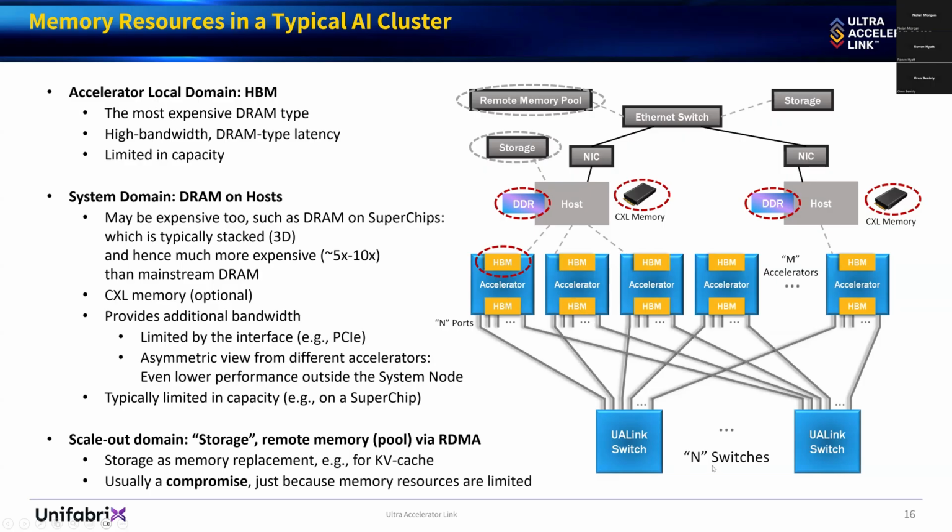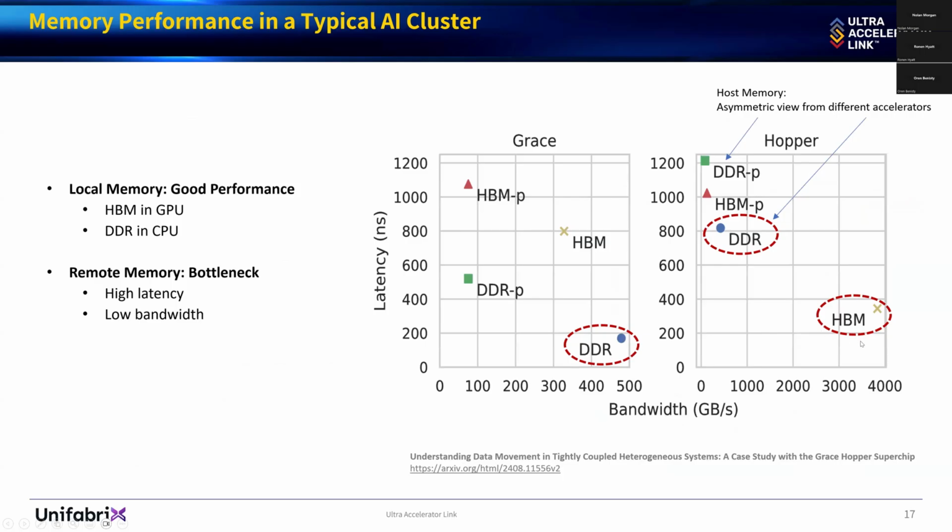If we look specifically at the scale-up domain, and we want to see what performance we can expect there, there is public data about existing AI systems based on NVLink, such as the Grace Hopper superchip. This was presented at Supercomputing just a month ago. What we see here is the memory view from the Hopper GPU and the memory view from the Grace CPU.